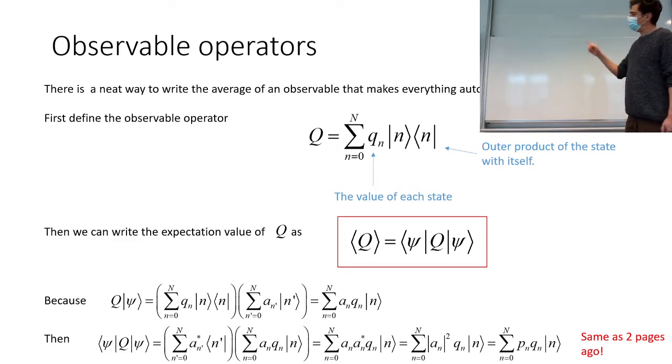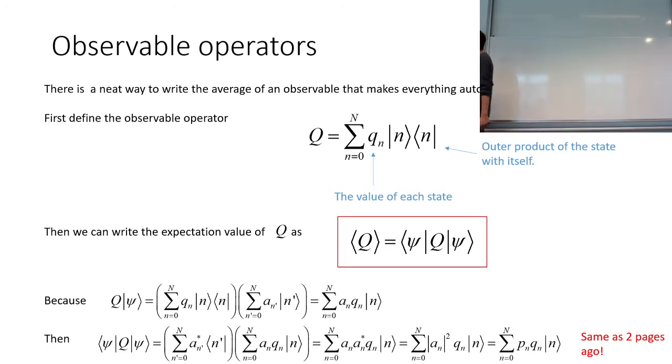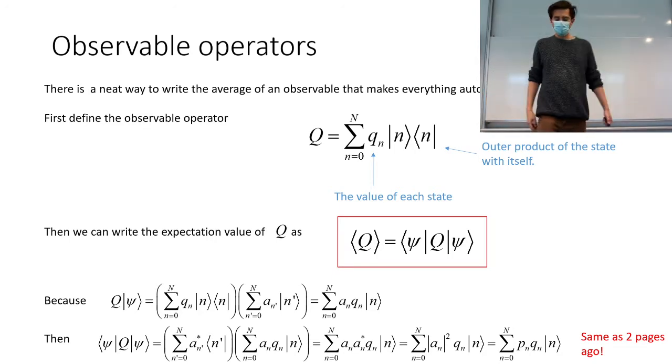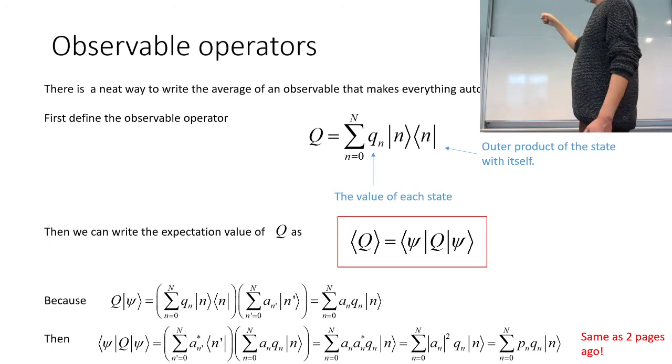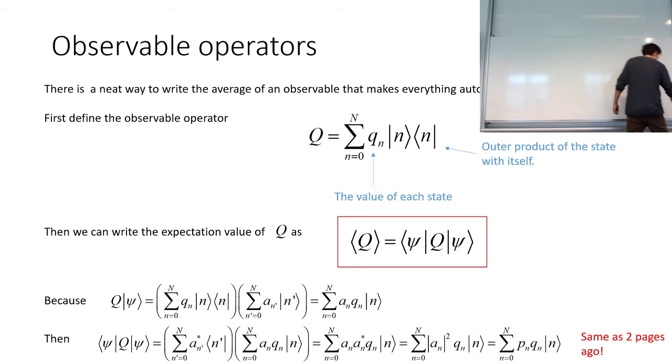So a neat way to work this average out is actually using the so-called observable operators. Okay. So let's do exactly what you just did there, using these observable operators.